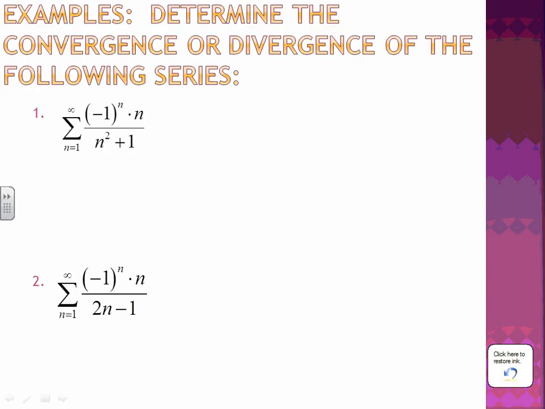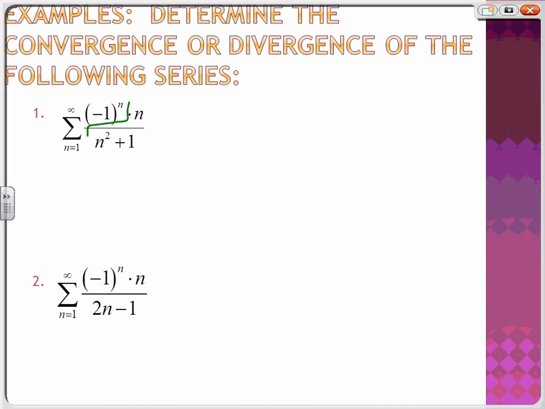Alright, so here's our first one. Determine the convergence or divergence of the following series. So I'm going to take this part right here, which is the non-alternating part. So this is what tells me that it's going to be alternating, right? So I'm going to look at this non-alternating part. So what do I do first?